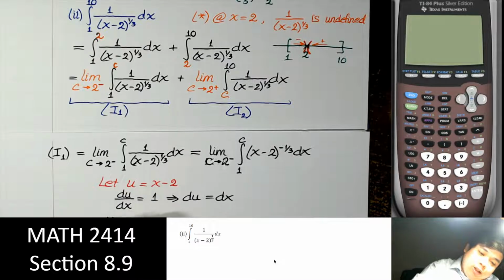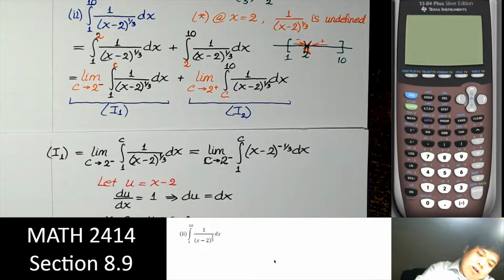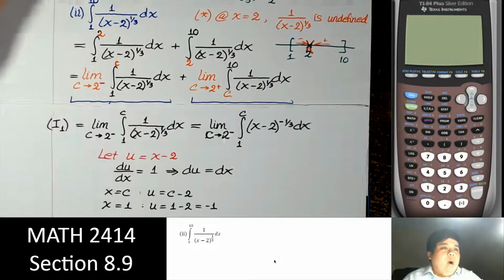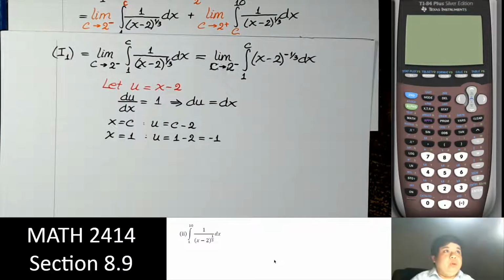When x equals c, u equals c minus 2; when x equals 1, u equals 1 minus 2. So it is from negative 1 to c minus 2.